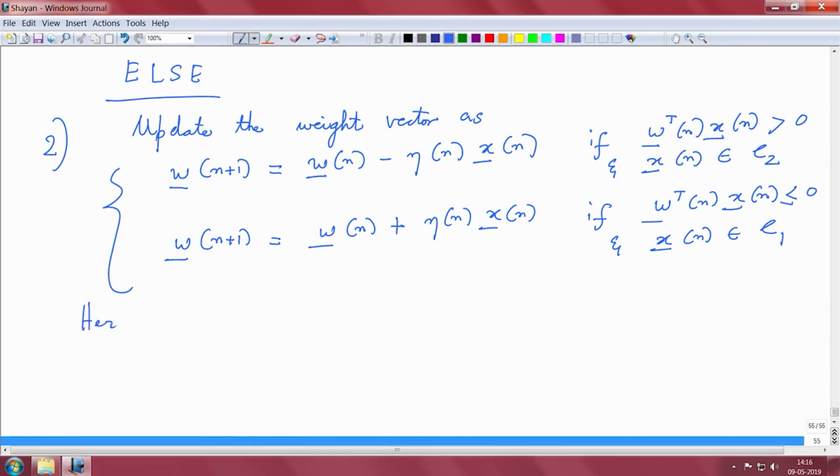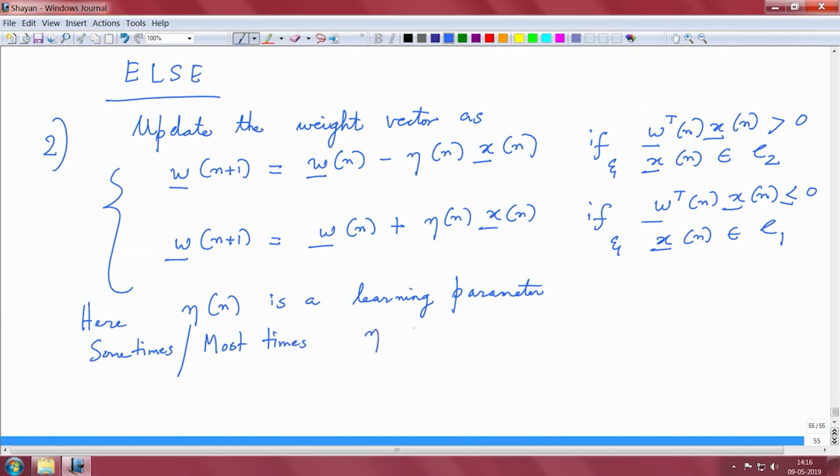Here eta of n is a learning parameter. Sometimes, or I would say most times, eta is a fixed constant and it is independent of n, and typically eta is a small quantity, and one can choose eta to be 1 also.